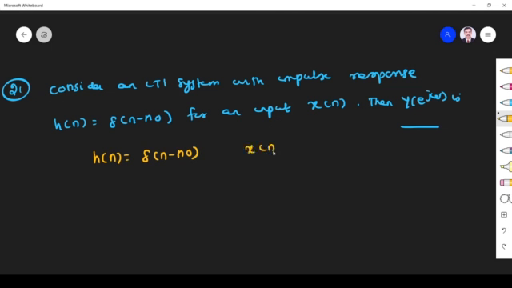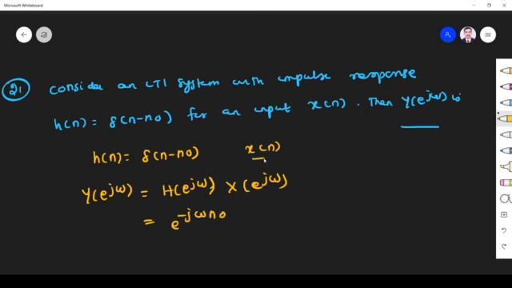X of n simply they have given. What is Y of e power j omega? Y of e power j omega is equal to, we know, H of e power j omega into X of e power j omega. So what is H of e power j omega? Fourier transform of h of n, which is del of n minus n naught. For that the Fourier transform is e power minus j omega n naught.